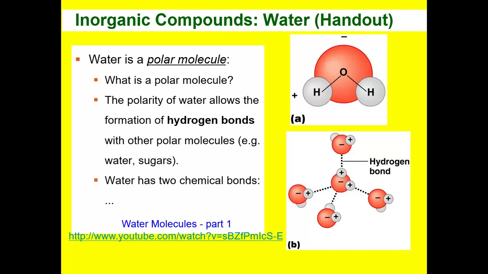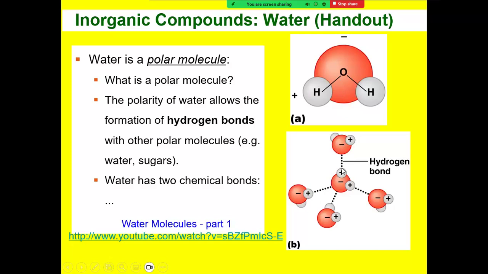So an individual water molecule is held together by a chemical covalent bond, which is a polar bond, holding the hydrogen to the oxygen inside the water molecule. But between water molecules, especially liquid water molecules, there are hydrogen bonds holding the two water molecules together. The oxygen has a partial negative charge, the hydrogen has a partial positive charge.